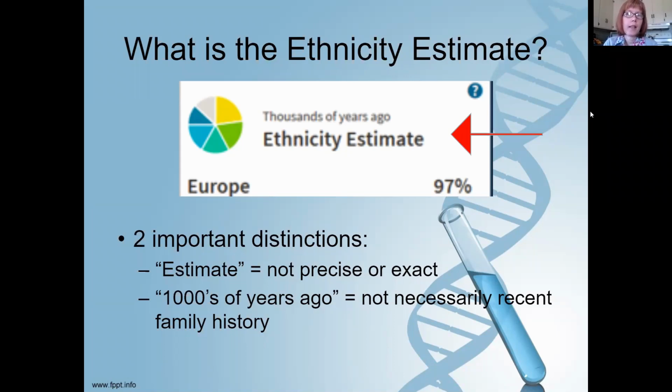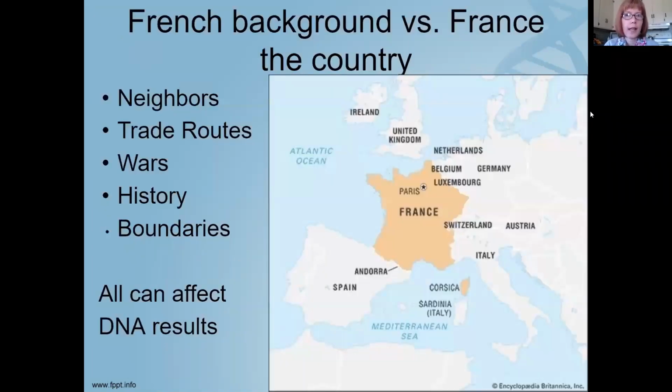And that brings me to this slide, which is telling you that if you have the idea in your family that you're French or you have a French background, you need to think about that versus France, the country. This is a map of Europe as of now. France, the country, is different than French ethnic background.